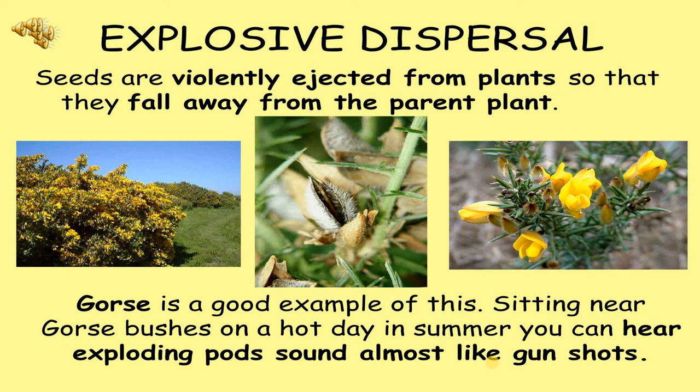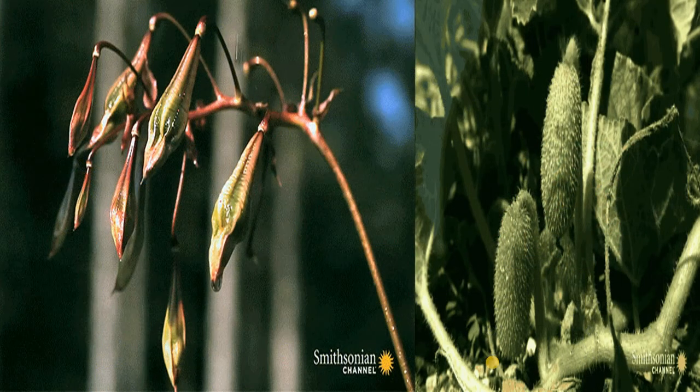So some seeds are dispersed when their fruit bursts with a sudden jerk, right? The two common examples of explosive fruits are castor and balsam.